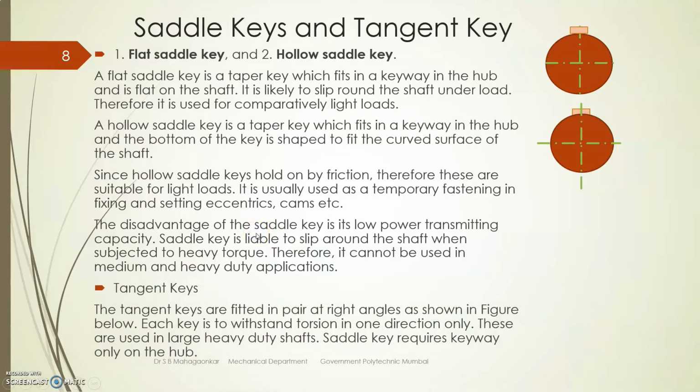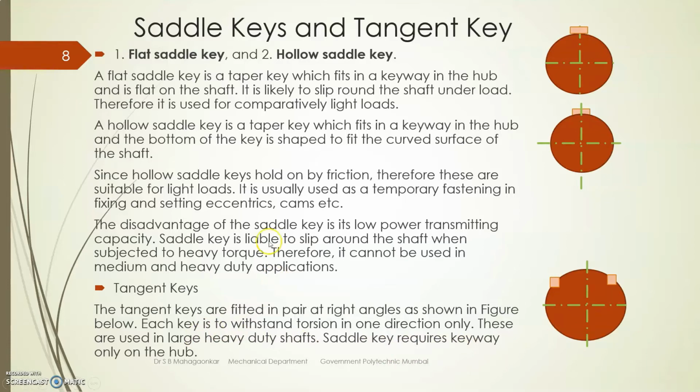Okay. So the other one is the tangent key. In the tangent keys, we have two square keys fixed at an angle of 90 degrees. Each key withstands torsion in one direction only. So these are used in large heavy duty shafts. Saddle keys require a keyway only in the hub portion.